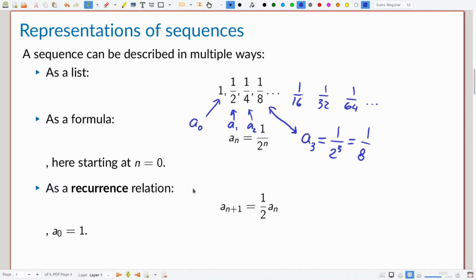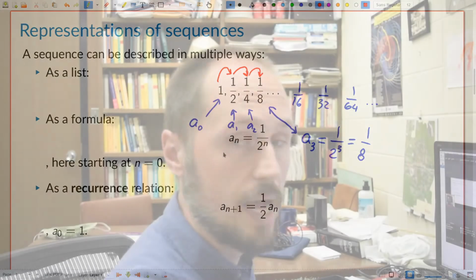And then finally, we can describe them by a relationship from one term to the next term in the list. So we can say that to go from that guy to that guy, we multiply by 1/2. From that guy to that guy, we multiply by 1/2. And from that guy to that guy, we multiply by 1/2. So we're describing each term in the sequence by its relationship to the predecessor.